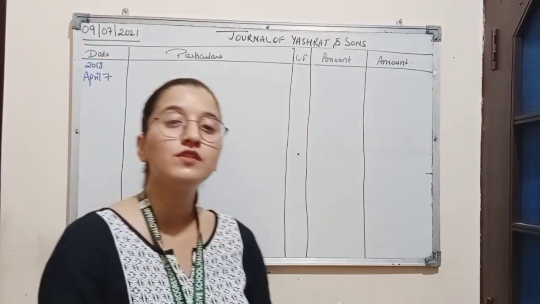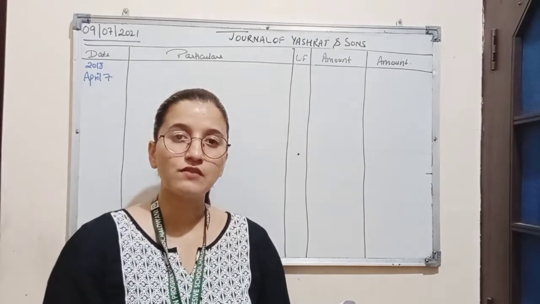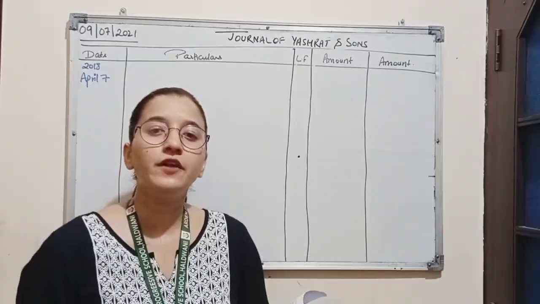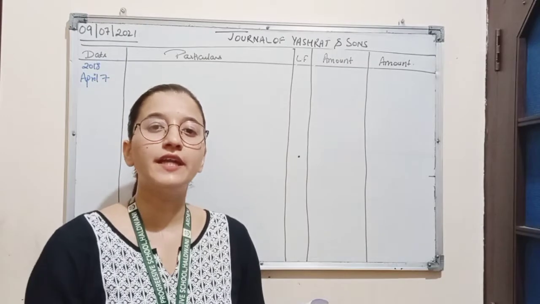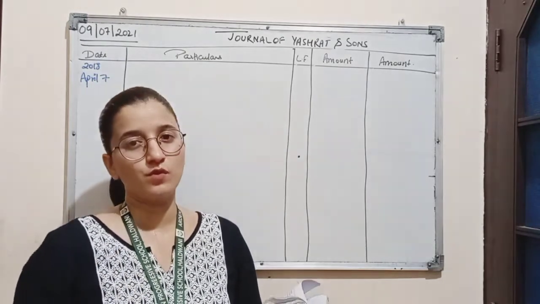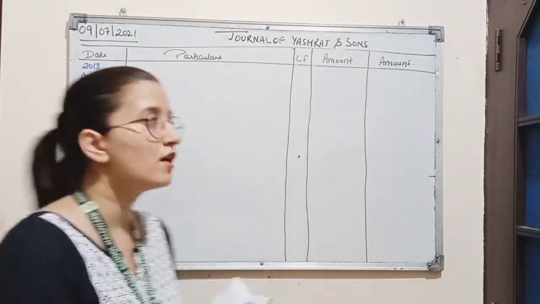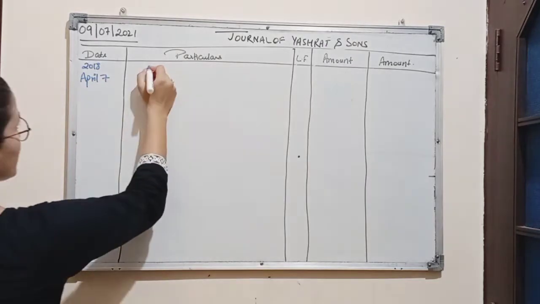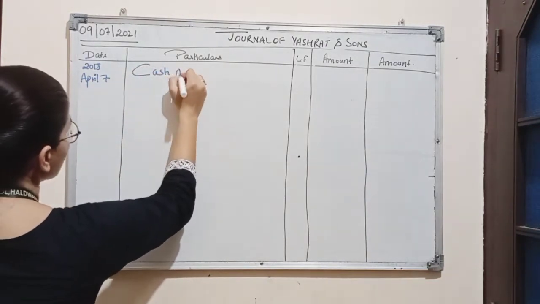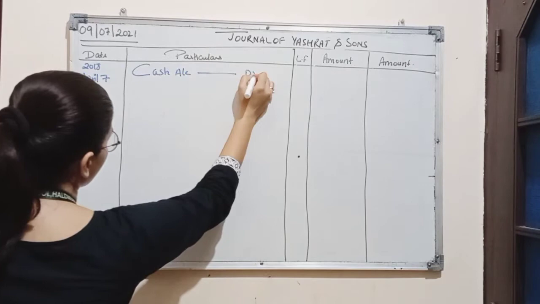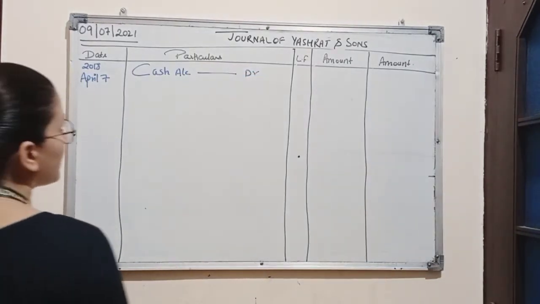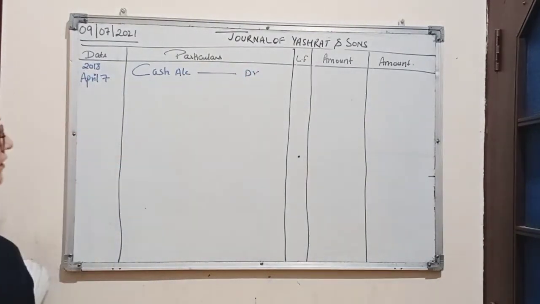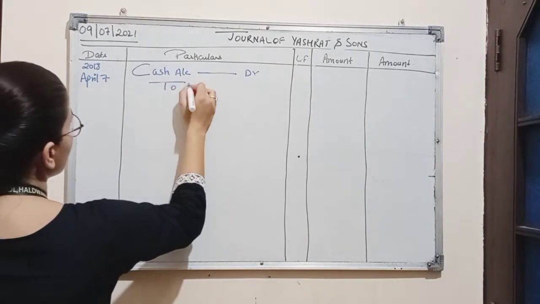With that, if goods are sold, cash is received. Cash is a real account, and rule for real account is debit what comes in, credit what goes out. So here cash is coming, so we will debit cash account. Goods sold on cash, cash is coming in the business, it's a real account, so debit what comes in rule will be applied here. To sales account.